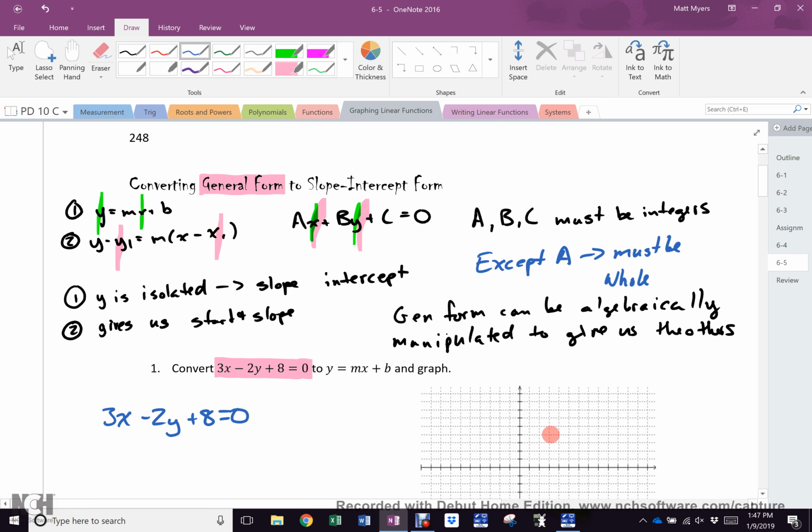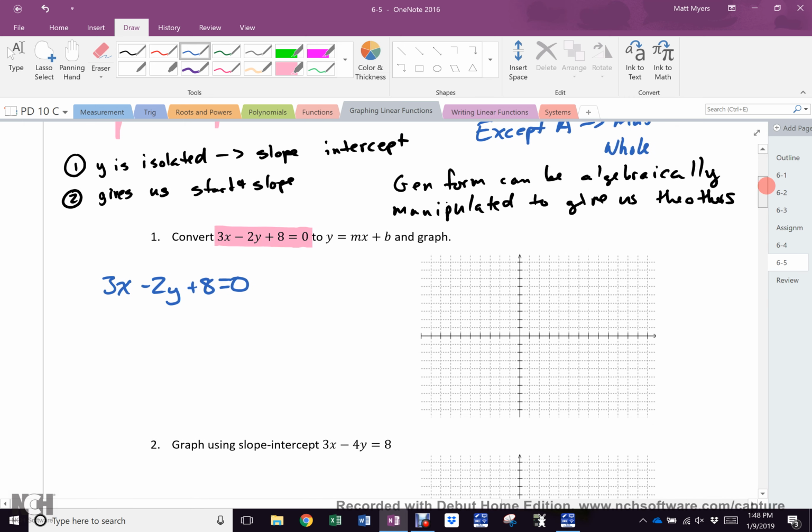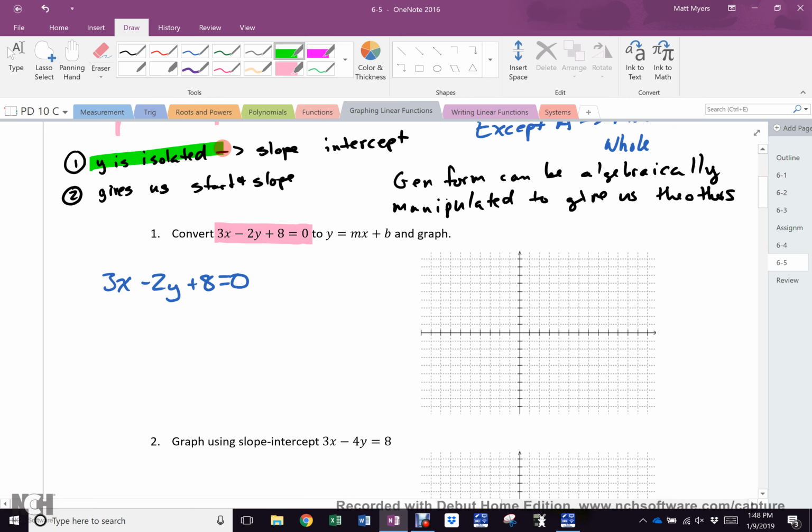What's the starting point? You can't do it, can you? But what if I were to isolate y? Then y would be isolated. So let's do that.